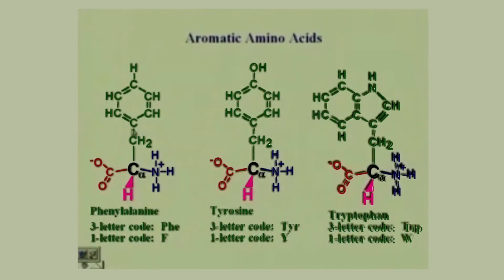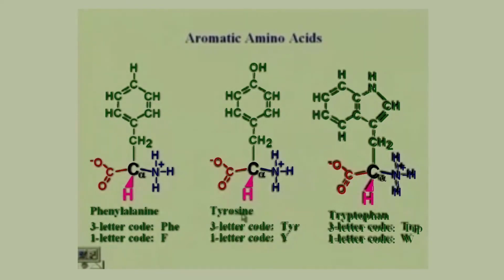So, its name is phenylalanine. We of course have our common part of the amino acid here. The 3-letter code for phenylalanine is PHE and the 1-letter code is F. So, we have a phenyl group replacing one hydrogen of alanine, phenylalanine. So, this is aromatic in nature.